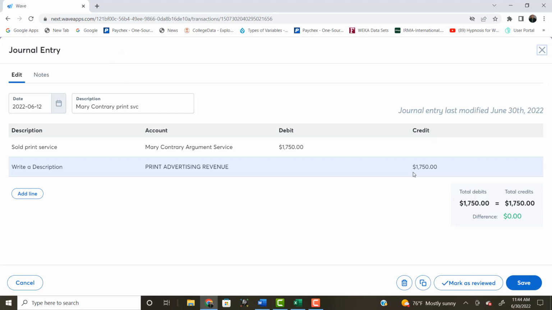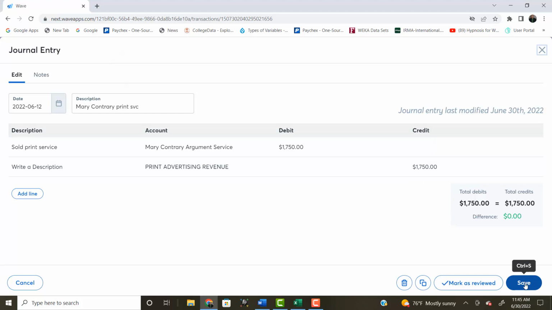The equity section is composed of 4 things. 2 that make it go up, that is revenue and capital contributions, and 2 that make it come down. And the 2 that make it come down are expenses and withdrawals. In other words, withdrawals are later going to be called dividends.